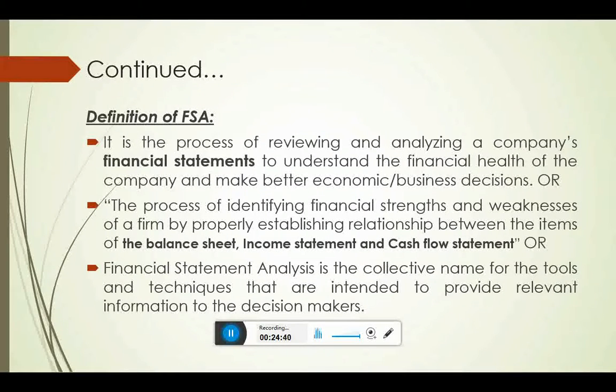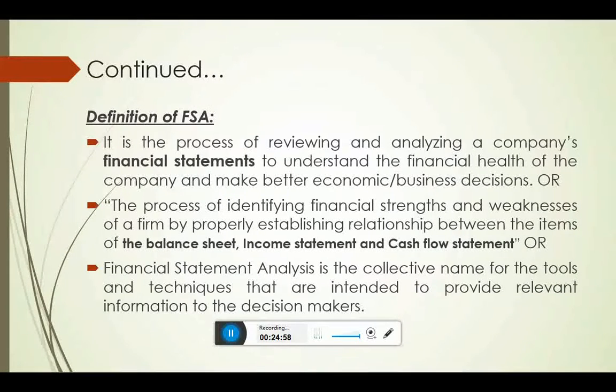And what do we do with the financial statements of that company? While we are analyzing, we establish the relationship between different items of the financial statements. For example, in the income statement we have two main items: revenues and expenses.